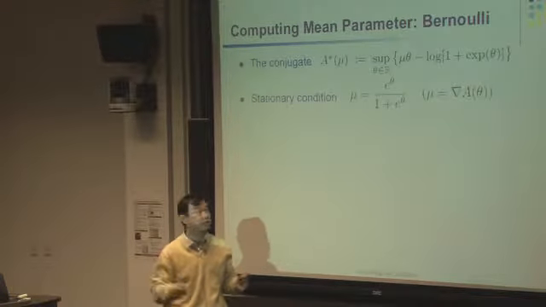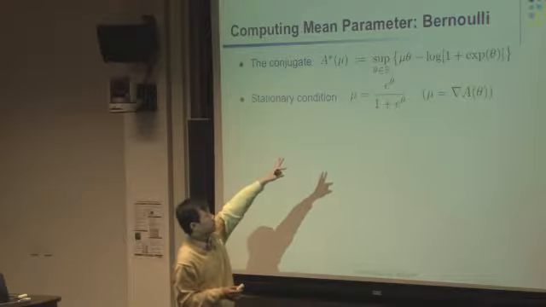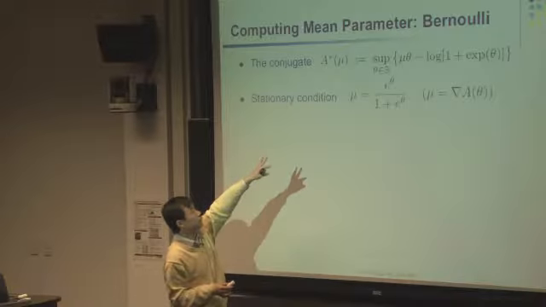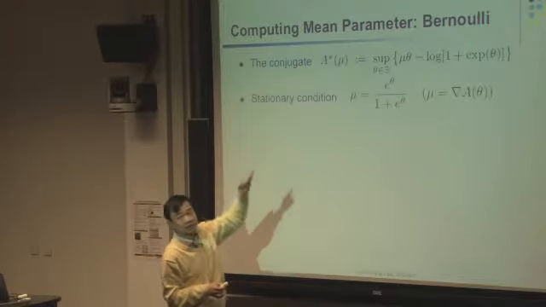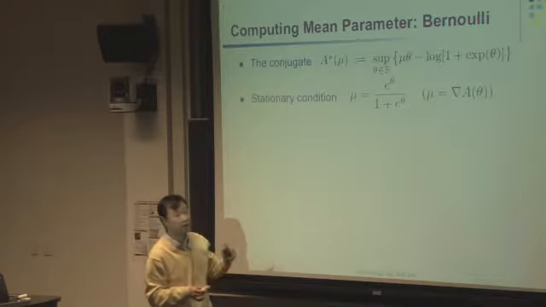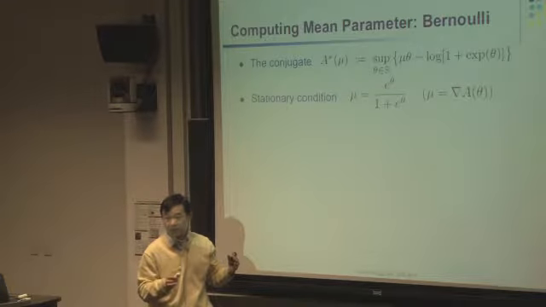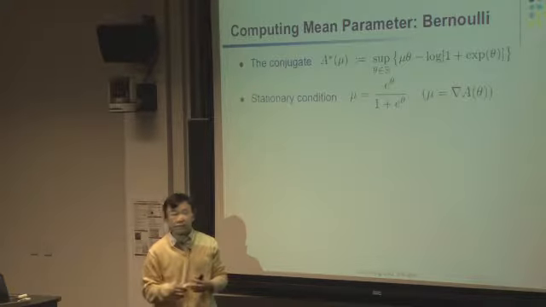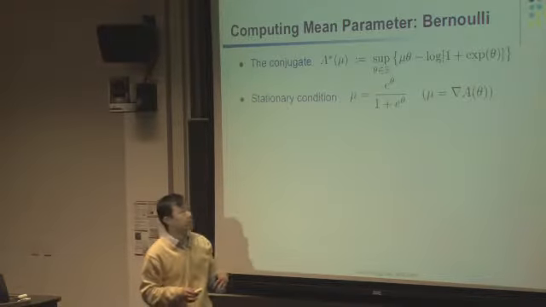That's the partition function. And then plus a linear term, and then take the supremum of that over theta, I get the conjugate, which is a function of mu. Very interestingly, now it is a function of the mean parameter. Then we need to find the stationary condition that maximizes this. Very easy.